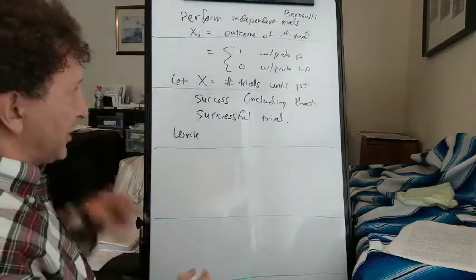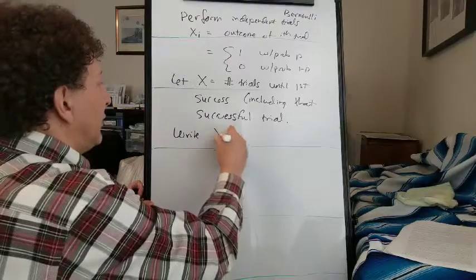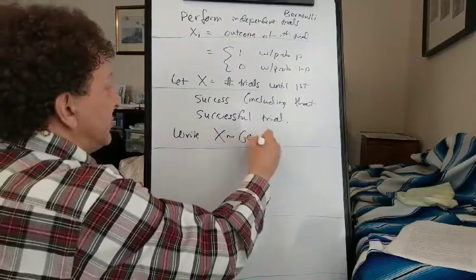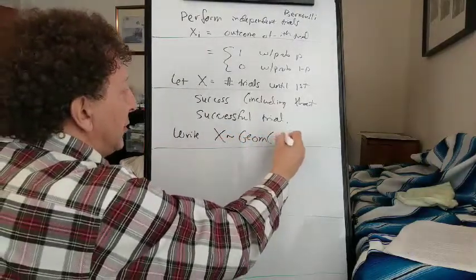So if x is what we're measuring, the number of trials to the first success, we write x as a geometric random variable with parameter p.